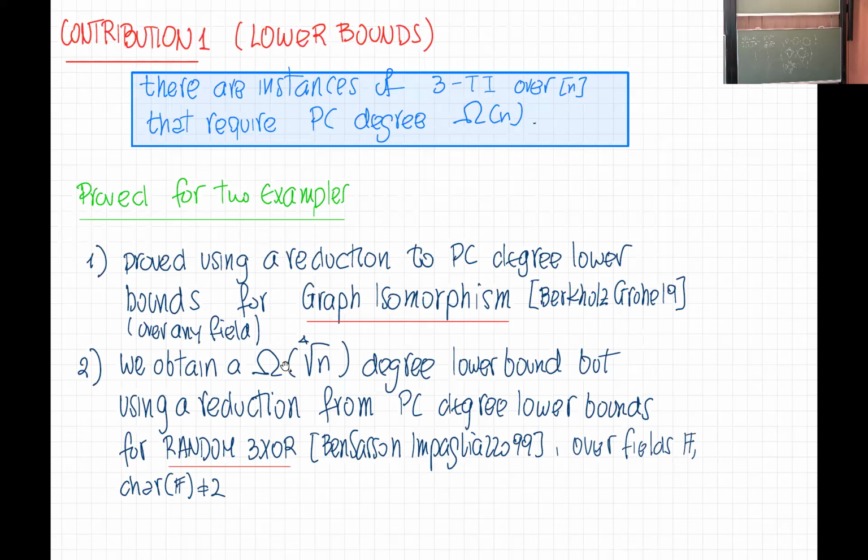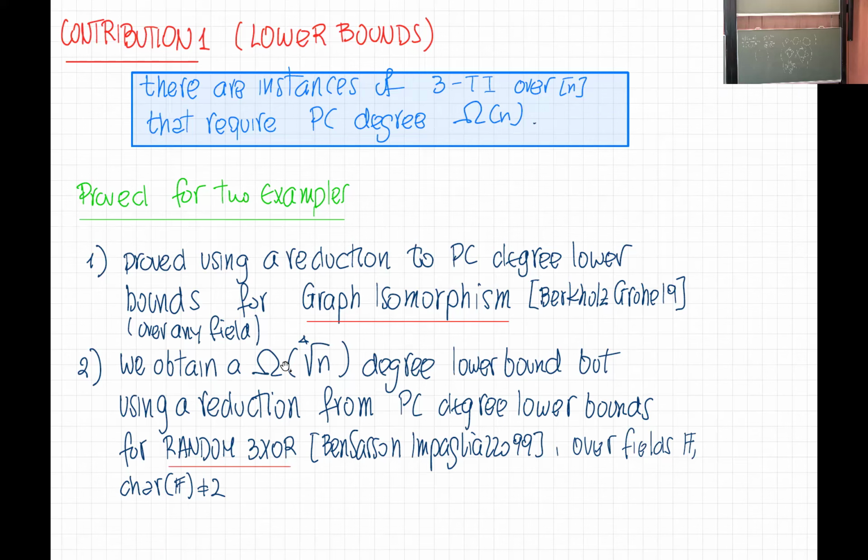In one way we use a reduction to prove PC proof of the graph isomorphism, where a degree lower bound was proved over any field by Berkholz and Grohe.